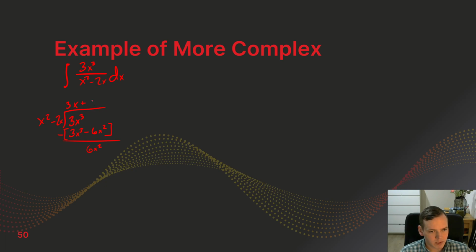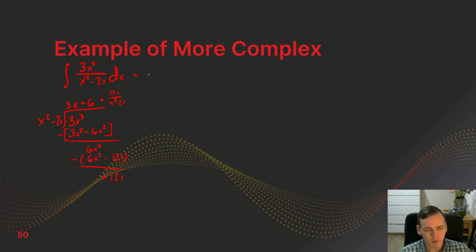So then I'm going to add 6, so that I get 6x squared minus 12x. Subtract that, and I get positive 12x. I can't do any more division because x squared won't go into 12x. So we add our remainder of plus 12x over x squared minus 2x.